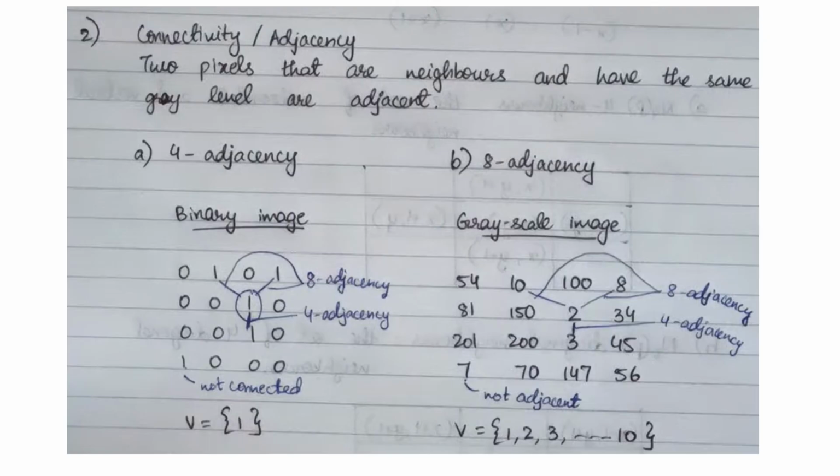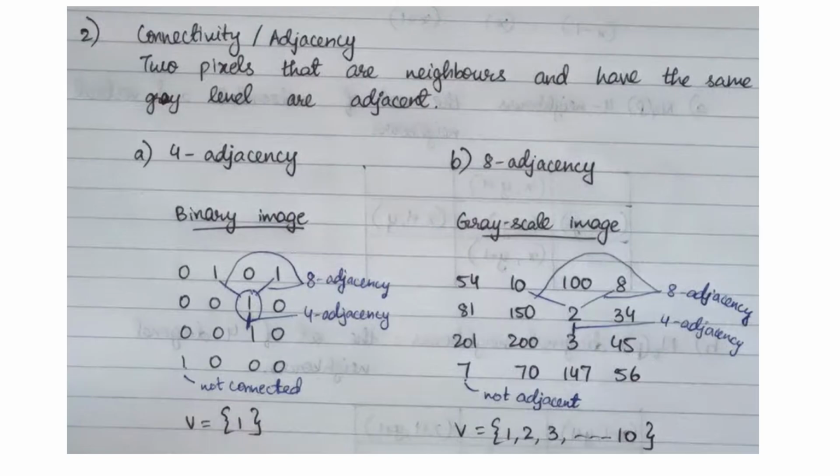So this one can be connected with this one with 4 adjacency, that is the diagonal adjacency. Then this one can be connected with this pixel which has a value 1 with 4 adjacency, and this one can be connected with this pixel with 4 adjacency, because these are just a unit distance from each other.